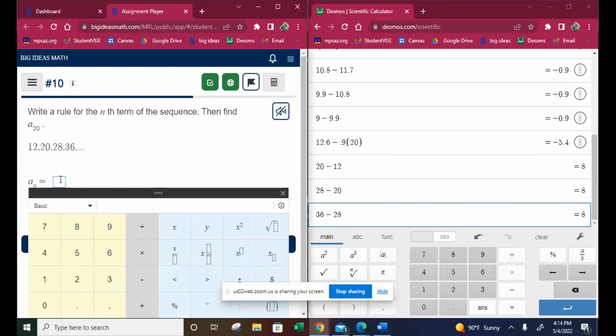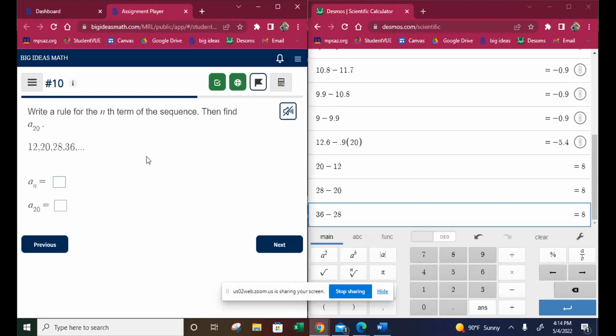Okay, fantastic. Where your cursor is, in that box, the number that you need to type there is the number that would go left of 12. What would go left of 12 in that sequence?